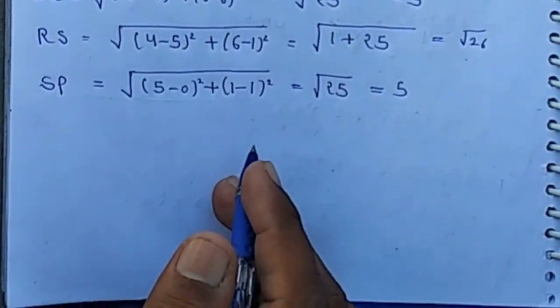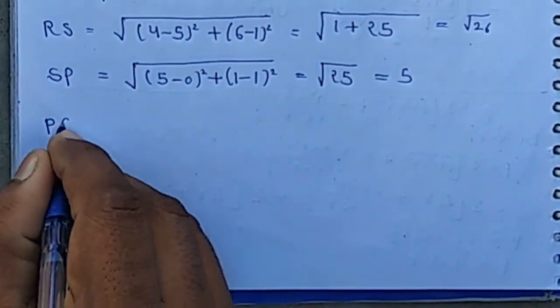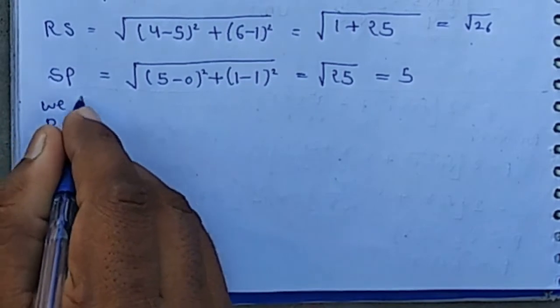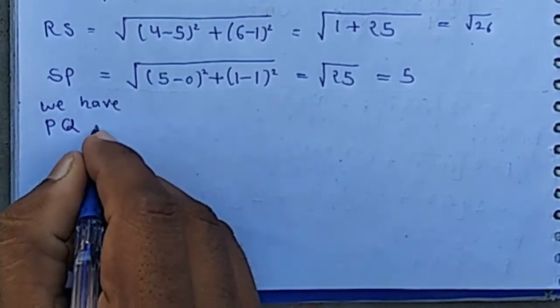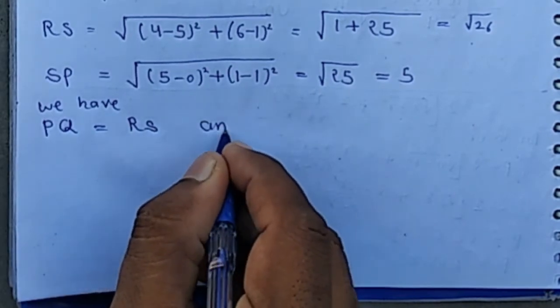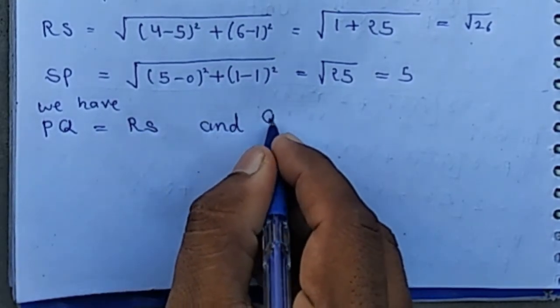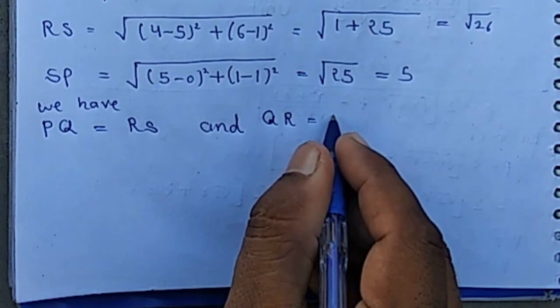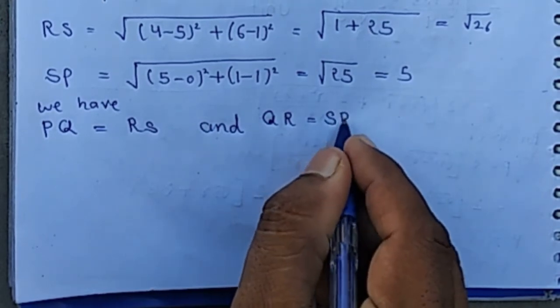It means we have PQ equal RS and QR equal SP.